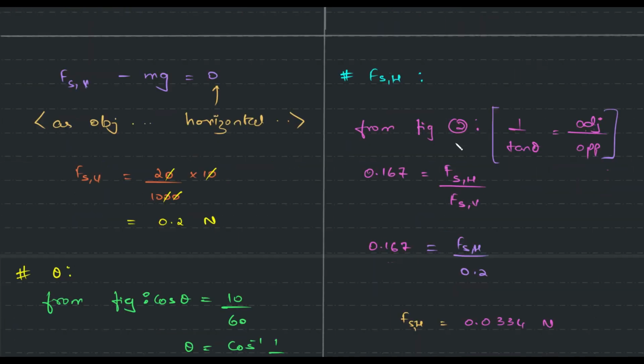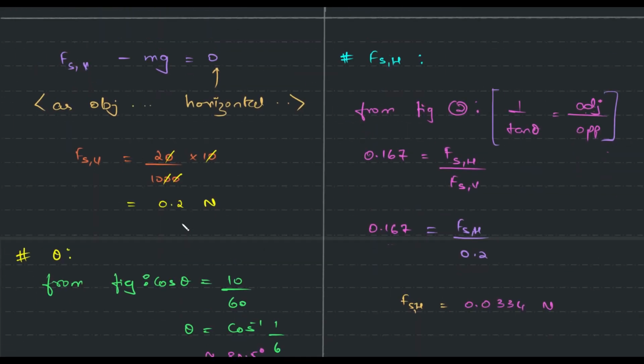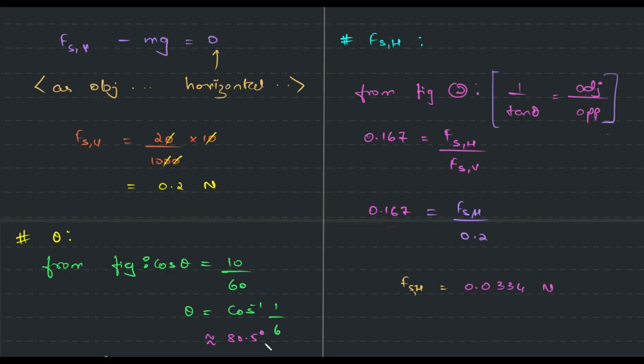So applied over here, I found the vertical component, and then I found theta. And once I know theta, I can figure out any part of the triangle. Of course, we know one side, so we have to figure out the other side. So for your reference, you have to figure out the base. You know the height, you don't know the hypotenuse, you know the angle. This is 80.5 degree. This force is 0.2 Newton.